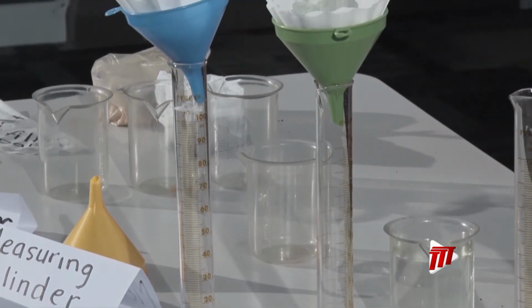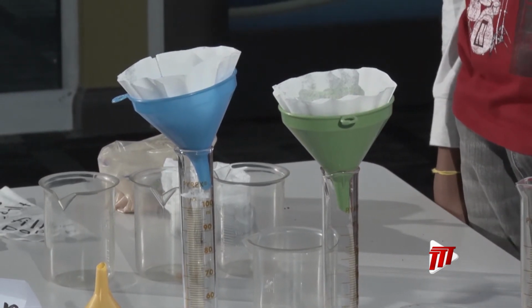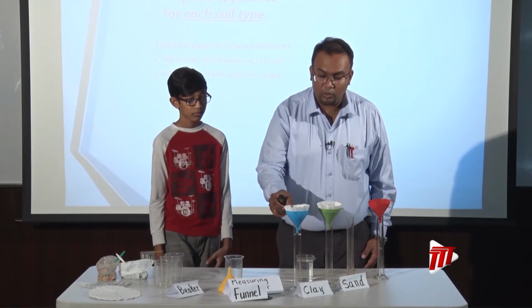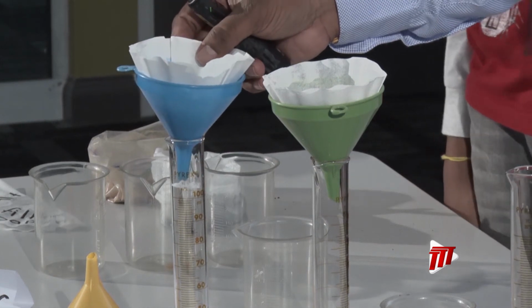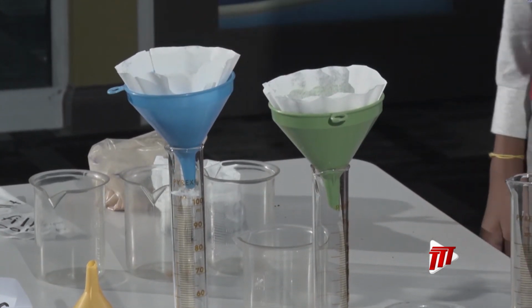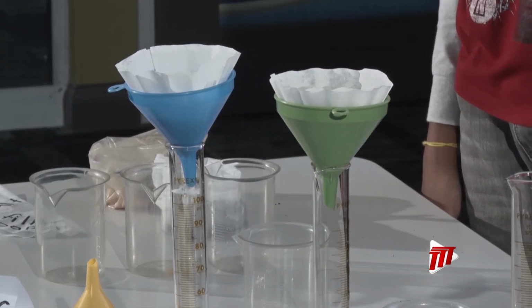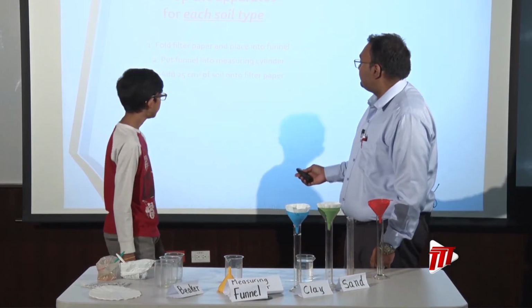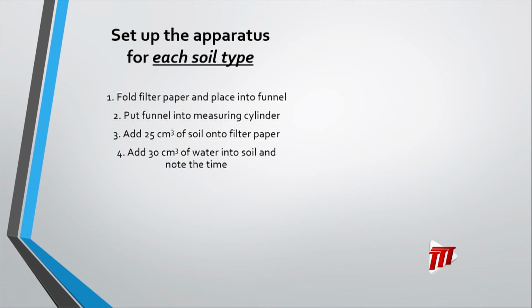We would begin with our measured amount of our soil sample, and in this case we have the same amount of clay soil in the first funnel, and the exact amount in the second funnel. Now we are moving on to the next step, which is measuring the liquid. In this case, we are using the water.